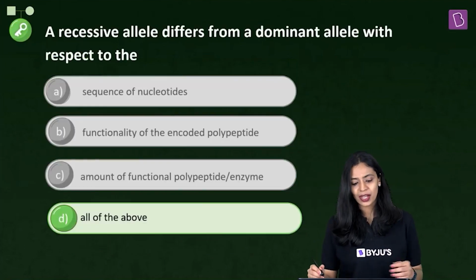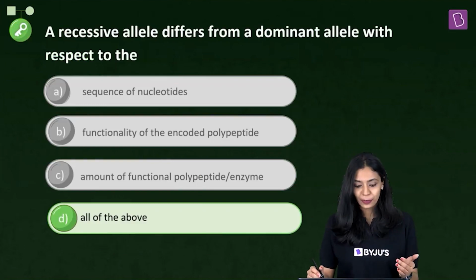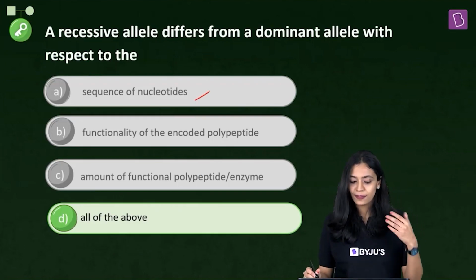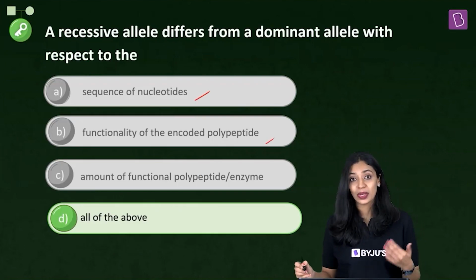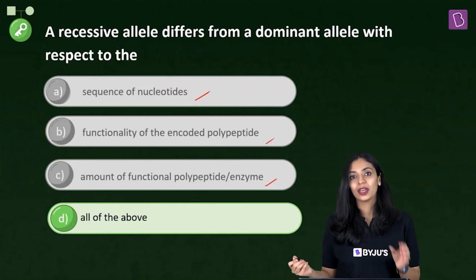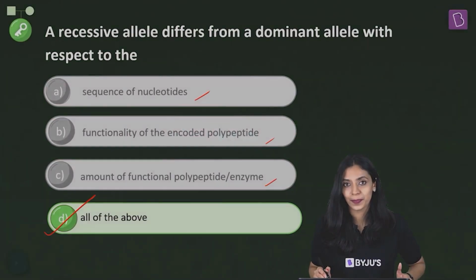So in the question we were asked, what is the difference between dominant and recessive allele? They differ with respect to the sequence of nucleotides, the functionality of the encoded polypeptide, and even the amount of functional polypeptide or enzyme. So the correct answer to this question is option D, all of the above.